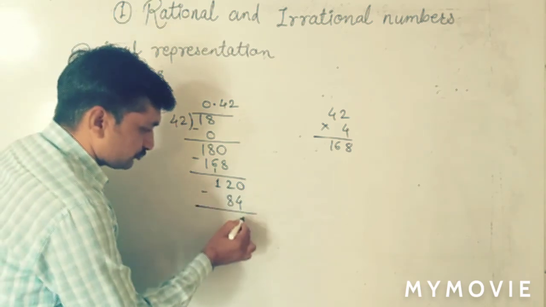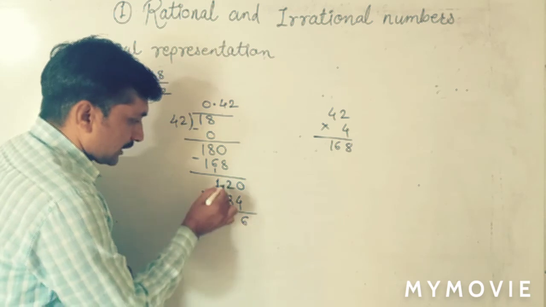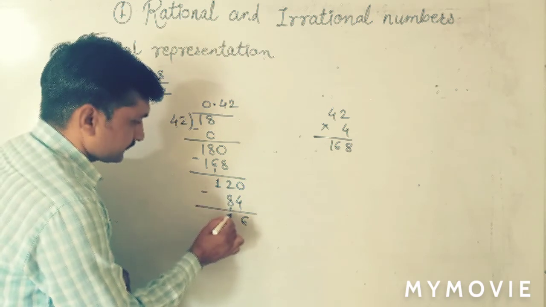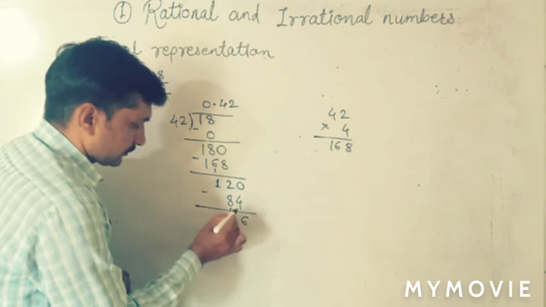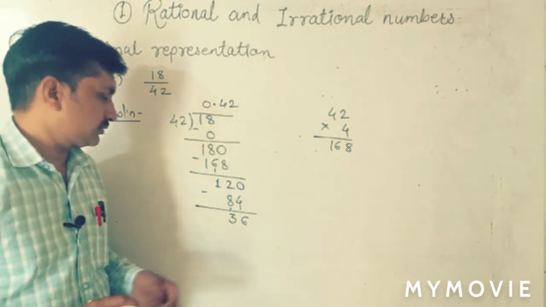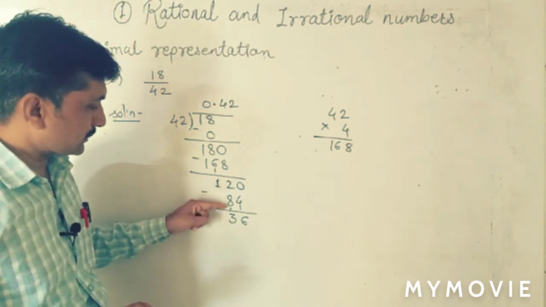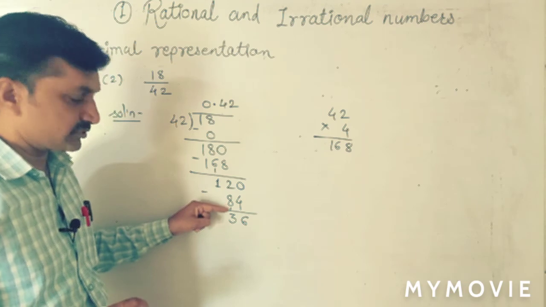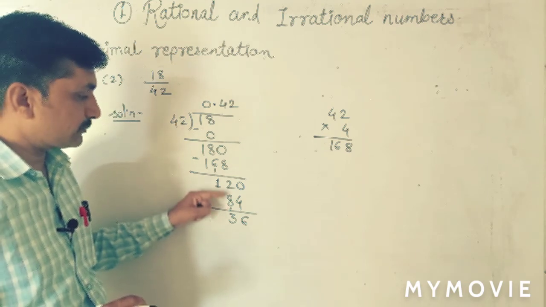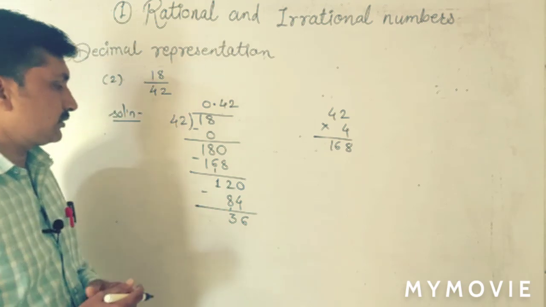Subtraction again, 10 minus 4, 6 and 12 minus 9, 3.